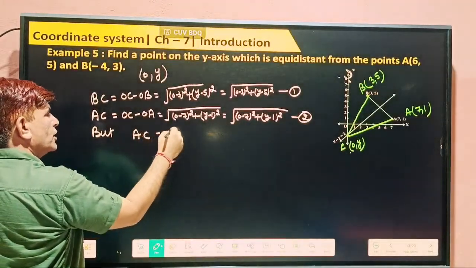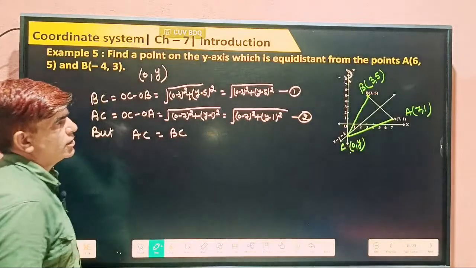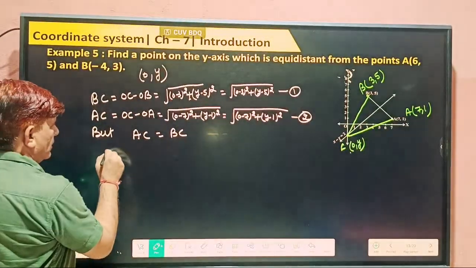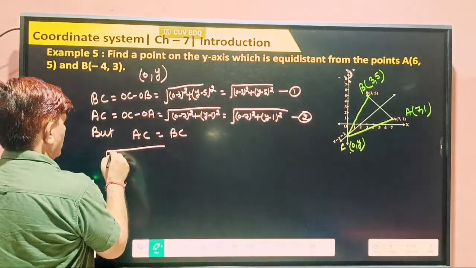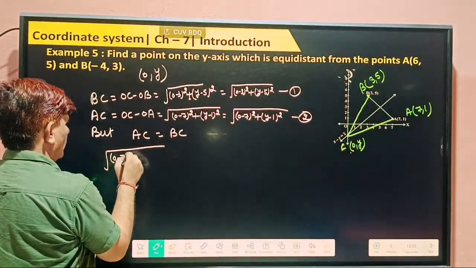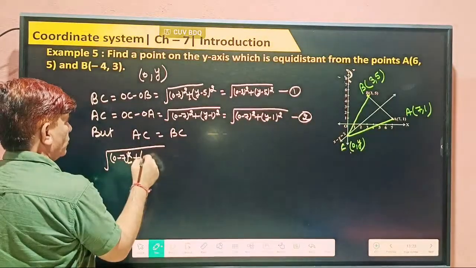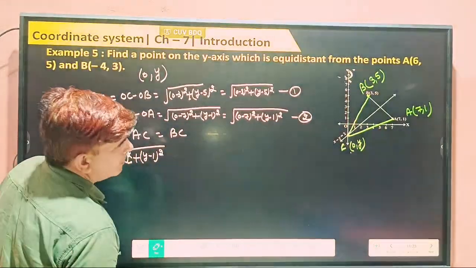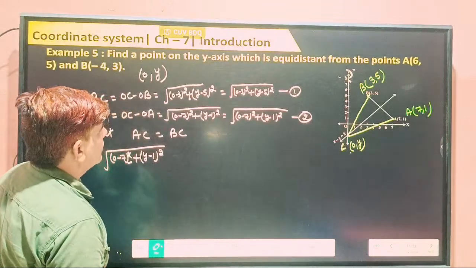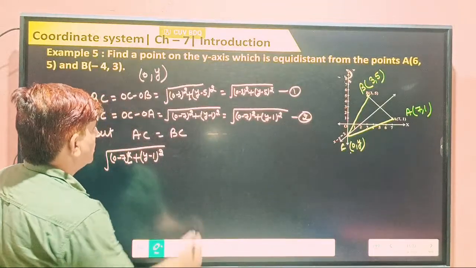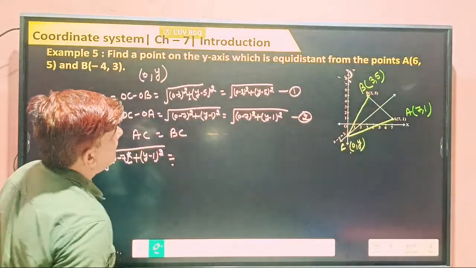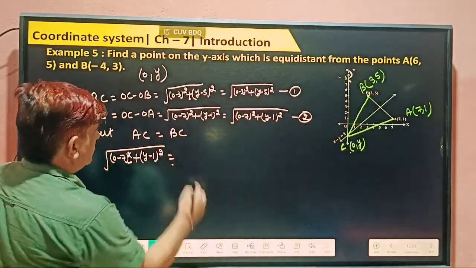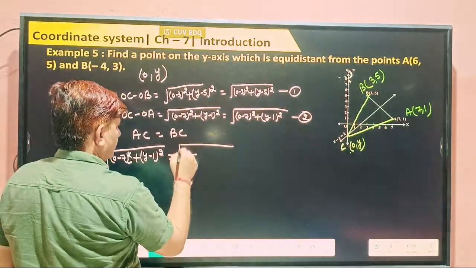But AC equal to BC, this is given, equidistant from the point. So its meaning is this. 0 minus 7 whole square plus y minus 1 whole square is equal to this.